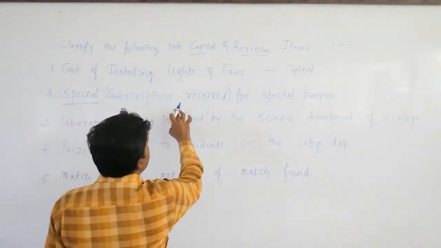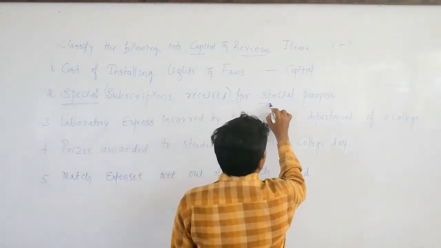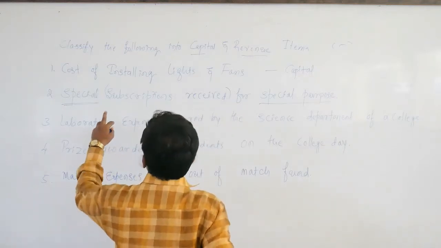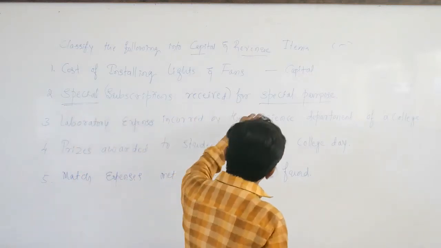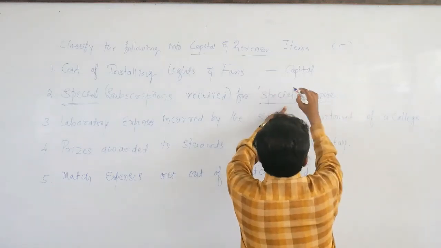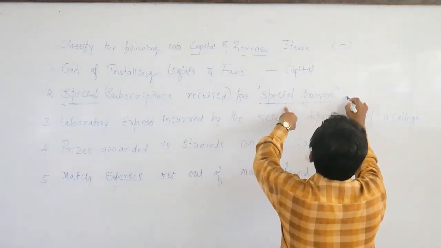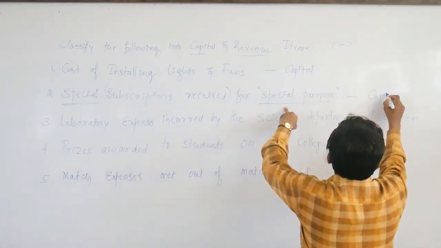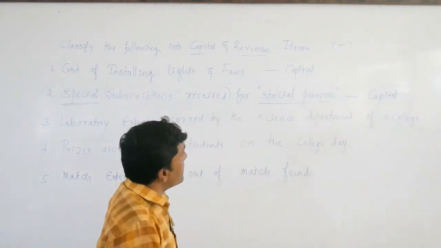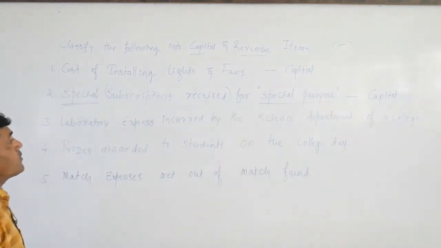Special subscriptions received for special purpose. Whatever subscription we have received for special purpose, that amount is to be used for that special purpose only, so it is to be treated as capital. Special purpose subscription is received only one time, so we need to treat it as a capital receipt.